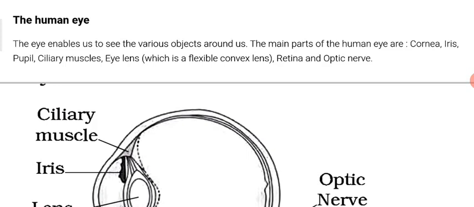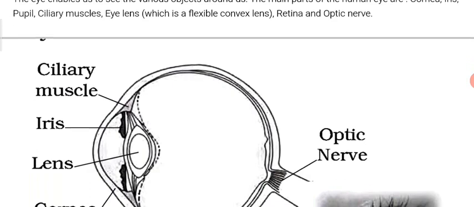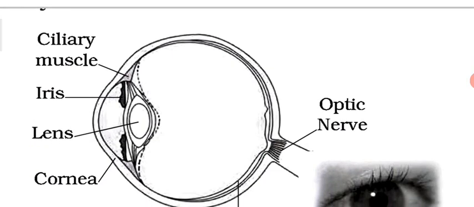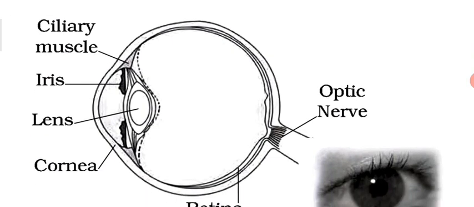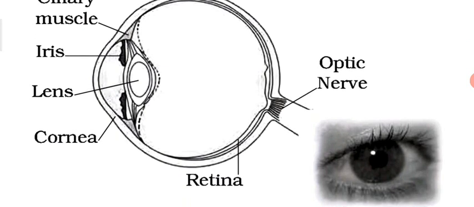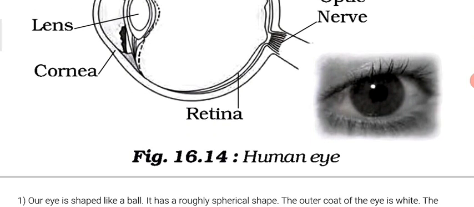First of all, let us see the picture of the eye. So this is the picture of the eye. As you can see, the ciliary muscles are shown, iris, lens, cornea, optic nerve, retina, all things are shown here. This picture I had taken from the NCERT book, and on the other side you can see another picture of the eye.